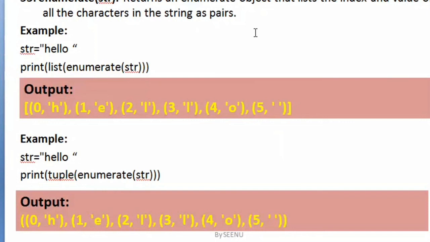This enumerate object needs to be typecast, to a list, or a tuple, or a dictionary. Otherwise you won't be able to understand the object. Is this clear? This typecasting is important. It's mandatory, like list and then you write enumerate of str. Is this enumerate clear?